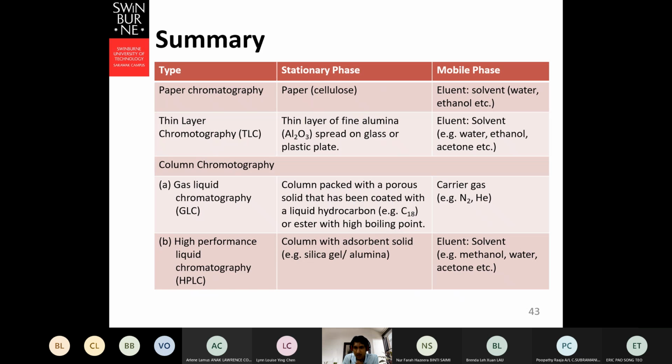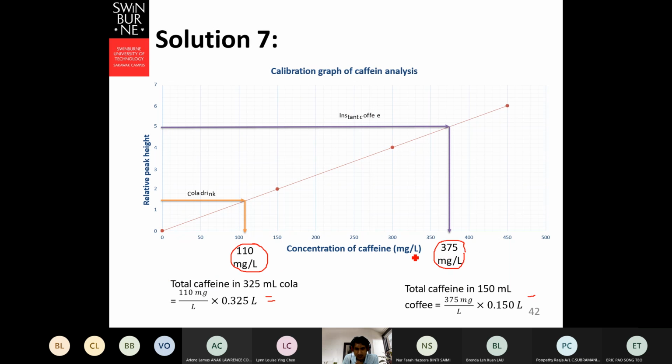Okay, let me quickly do this calculation. 110 times 0.325 is 35.75 milligram of caffeine.